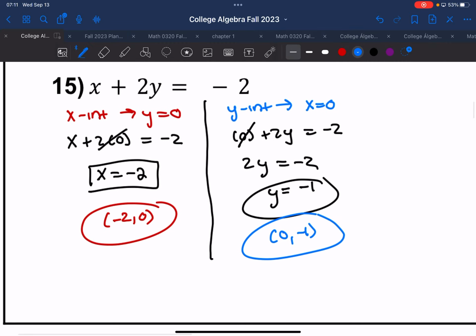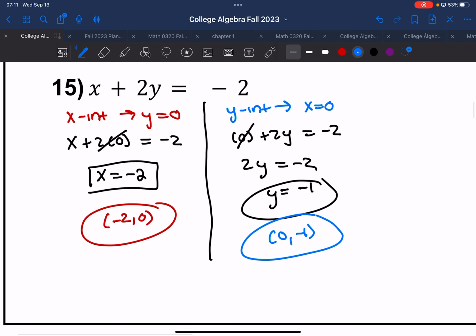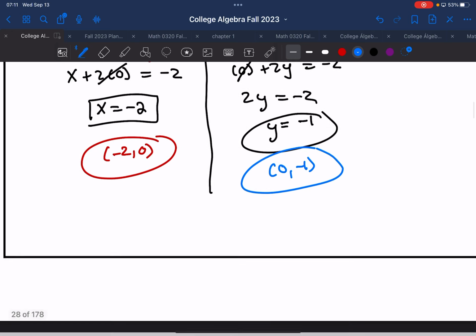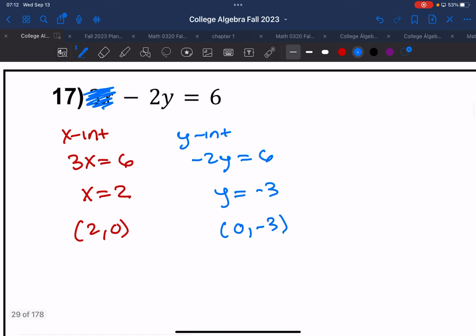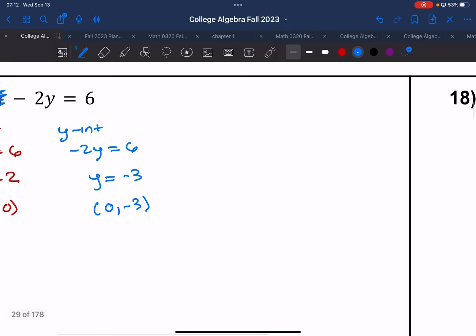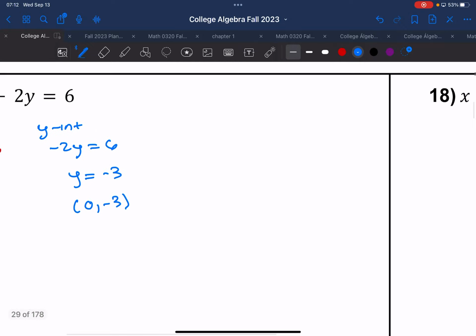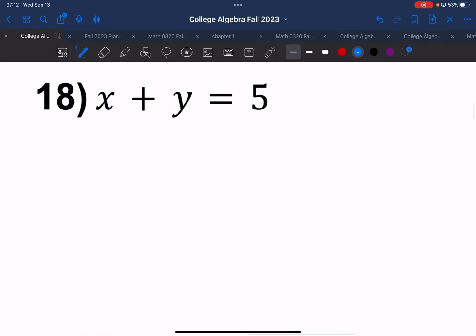This work is ideal, because anyone who looks at the test, even if they did not know how to solve x and y intercepts, could follow your steps. But I will accept this as the bare minimum work I would need to see. So definitely for these ones, don't just write your answers out, even if you can do them in your head.